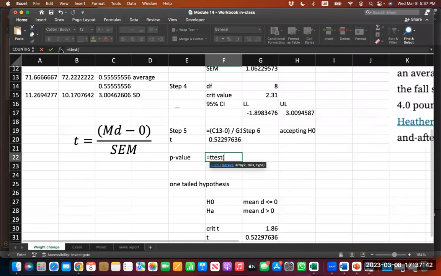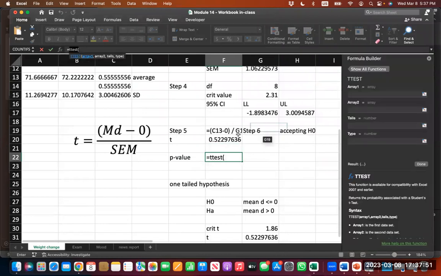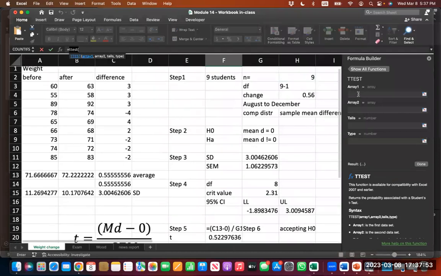And I just want to show you this with the formula builder. So on the top left, you can click on the formula builder. And this is where you define what you're actually comparing. So if you have array 1, you can go on array 2. The tails argument is whether it's a one-tailed or two-tailed hypothesis; the tails are 2.